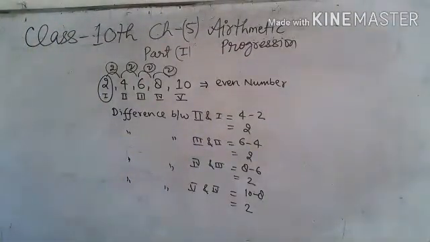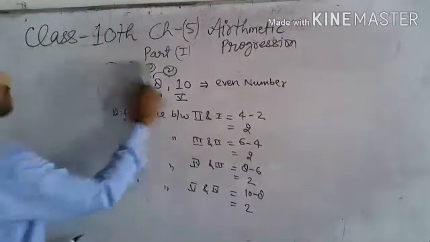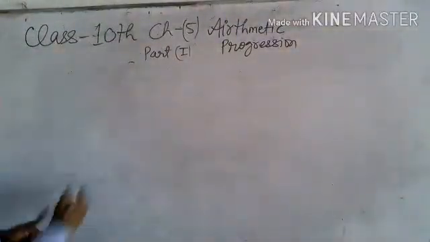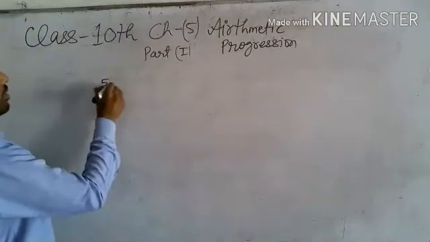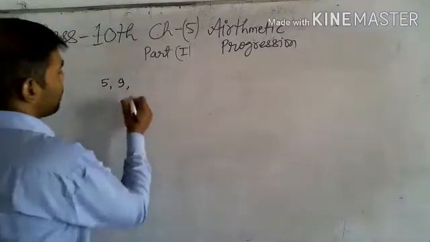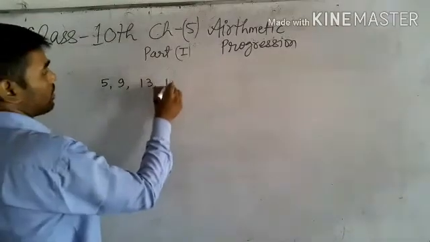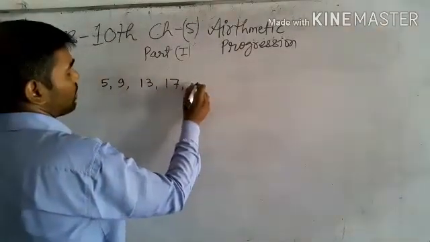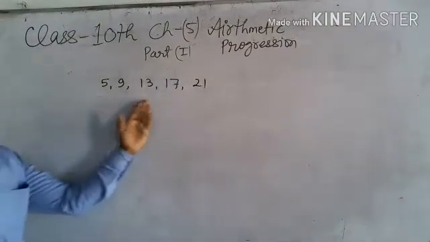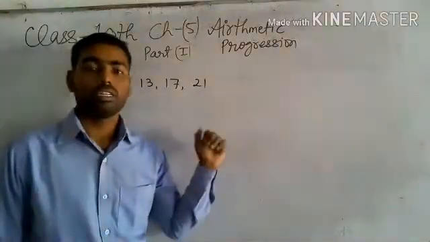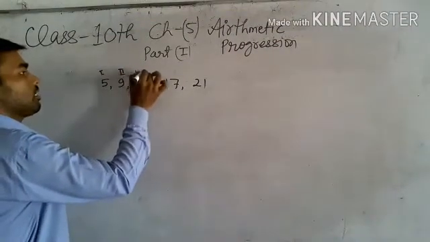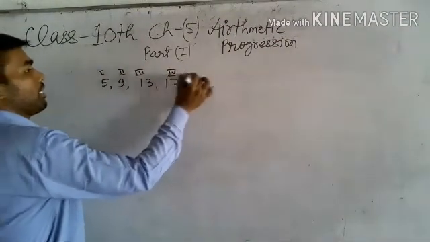Now take another example: 5, 9, 13, 17, 21. There are 5 numbers, and this is the first term, this is the second term, this is the third term, this is the fourth term, and this is the fifth.